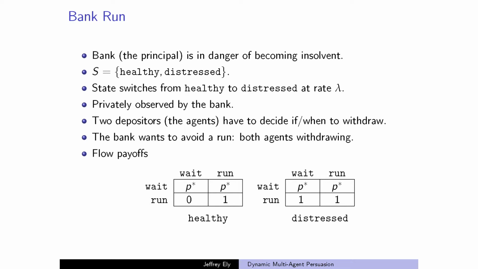The switching rate is lambda, and the agents are depositors at the bank. These agents have to decide when and or if to withdraw their deposits from the bank. And the bank wants to delay as long as possible, not only the date at which each agent withdraws, but maybe even the date at which a bank run happens. And we'll define a bank run as the date at which both agents have withdrawn from the bank.